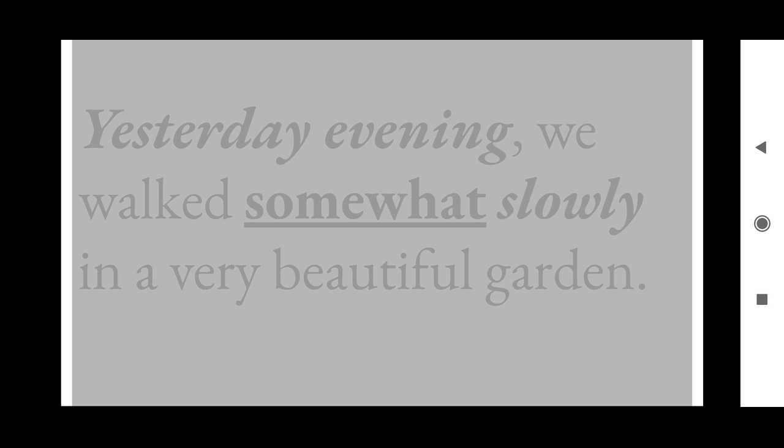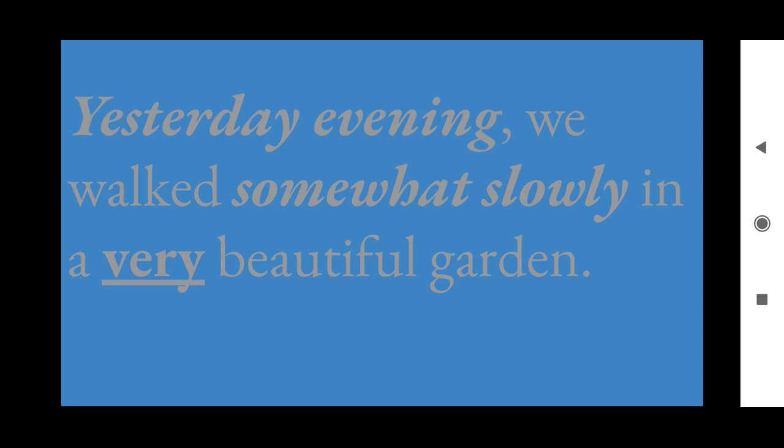Somewhat slowly. So that's an adverb that gives information about another adverb. And there's yet another one, very. That adverb is giving us information about beautiful. Beautiful is an adjective. Okay. So you see all the different kinds of things that adverbs can do.